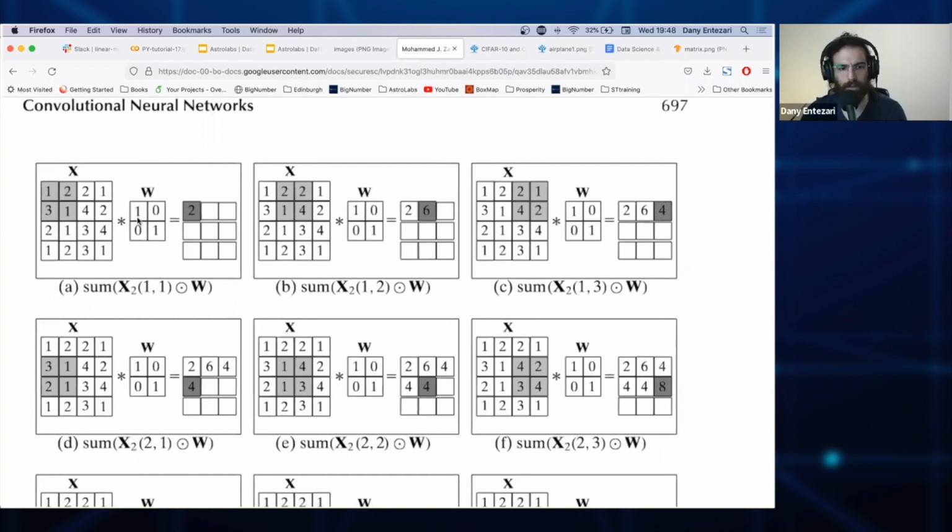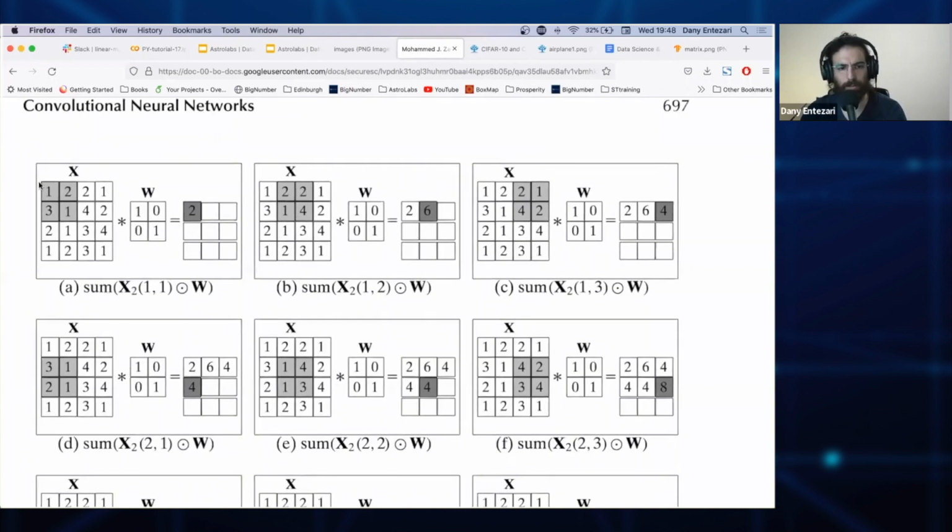And notice this is an identity matrix. So, which means the numbers on the principal diagonal of this subset will remain, and they will be added together. So 1 times 1, 2 times 0 is going to cancel out, 3 times 0 is going to cancel out, 1 times 1. Add these together, you get 2.